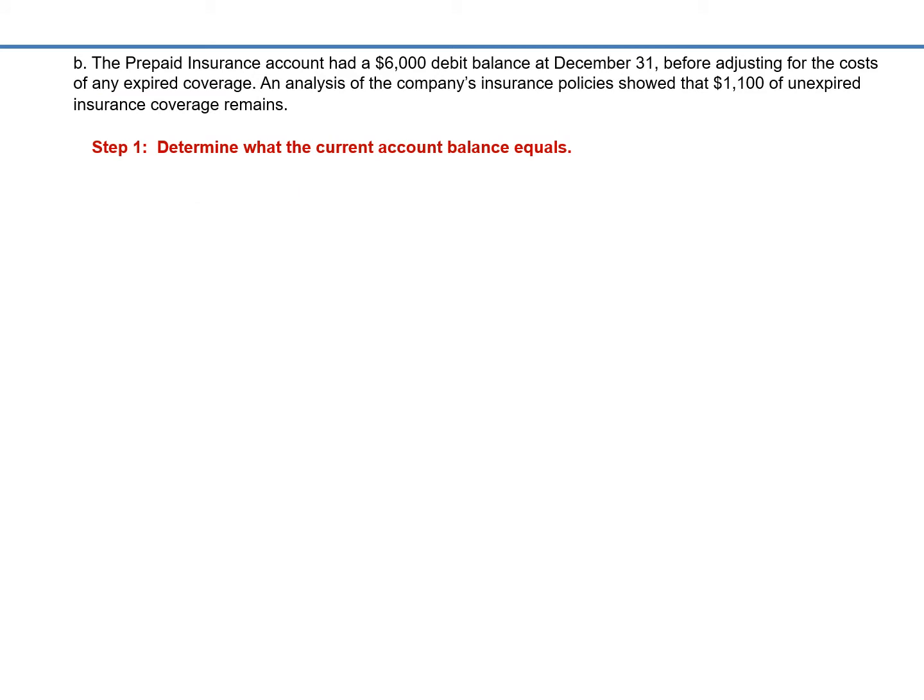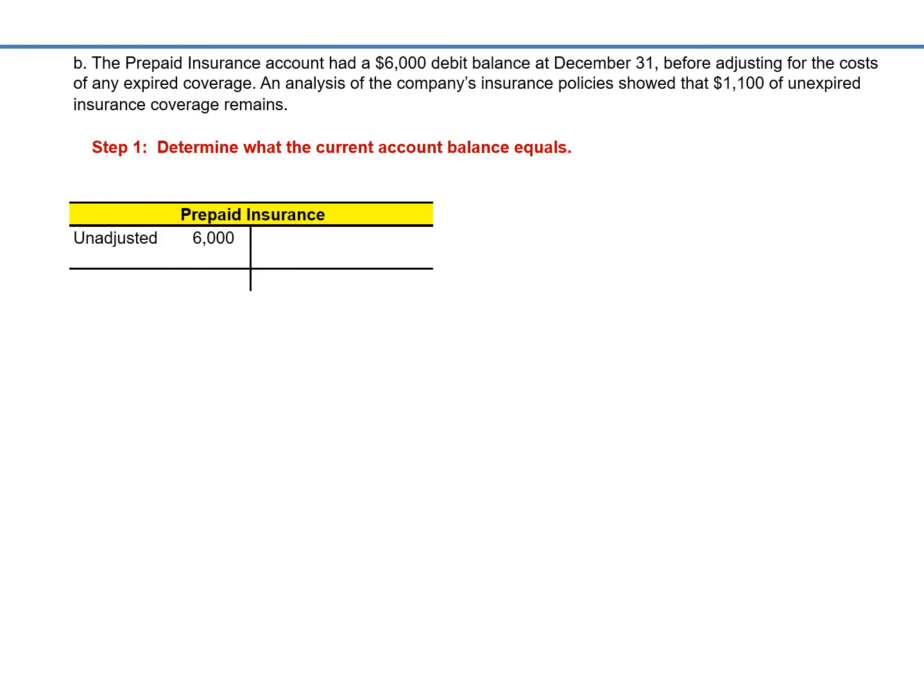All right, so in Part B, prepaid insurance account had a $6,000 debit balance at December 31st before adjusting for the cost of any expired coverage. An analysis of the company's insurance policies showed that $1,100 of unexpired insurance coverage remains. What does our account equal? 6,000, right? What does our account need to equal? 1,100, right? They give us those answers.